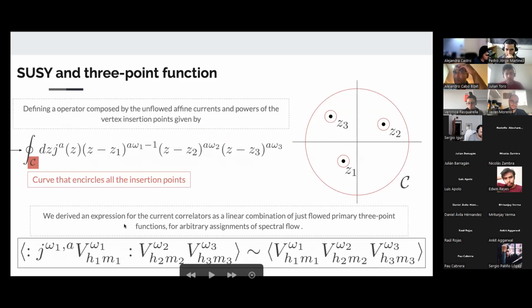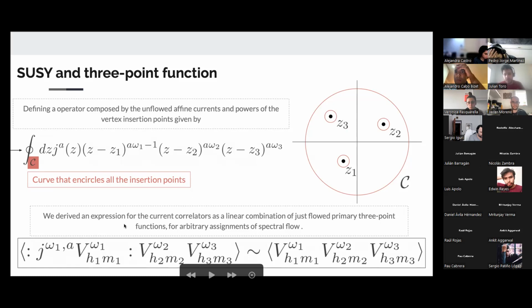In our work, we compute these correlators using operators composed by the affine currents and zeta powers that include the insertion points, where the integral contour is chosen to encircle all the insertion points.